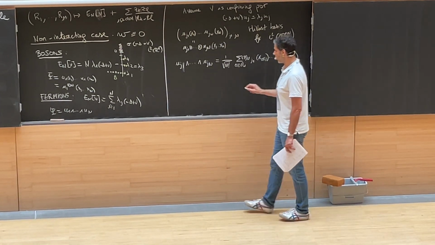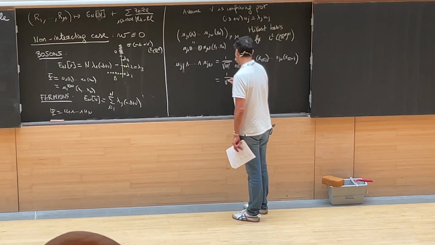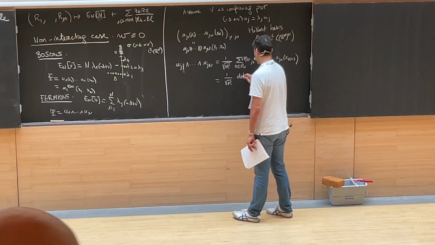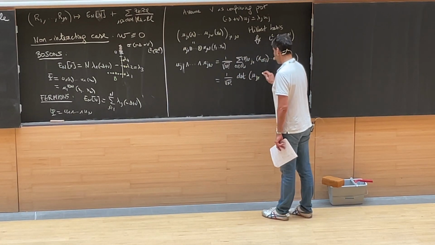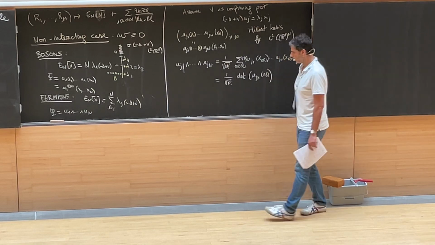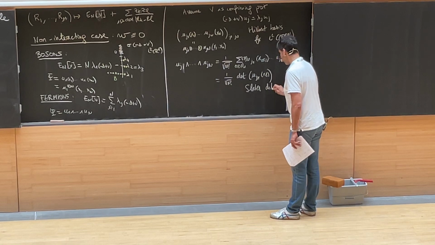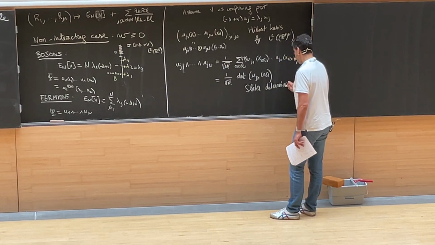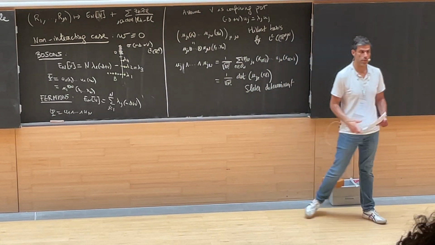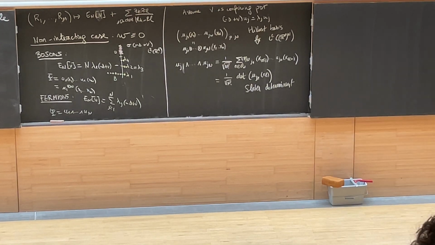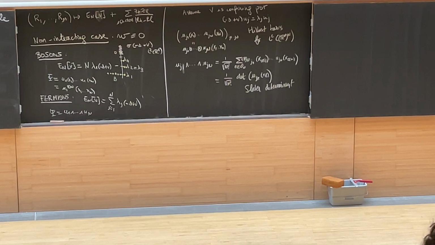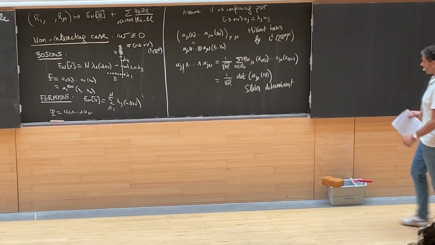Which is really just the Slater determinant of the Ujk of xn. That's what's called a Slater determinant. So if you like, it's the simplest symmetric function that you can build. You need at least n functions.